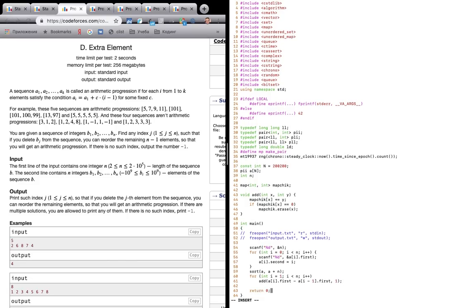Add all existing differences, and then we just try to remove each element.